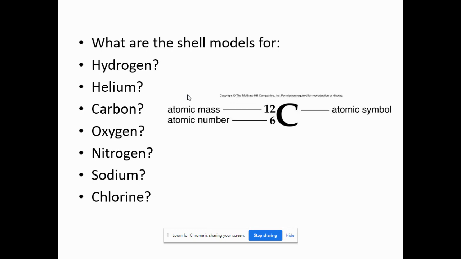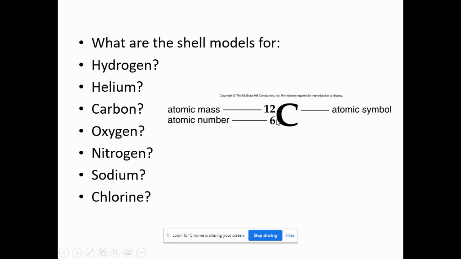Okay, because for these things that right now they're not carrying a particular charge, that means the number of electrons and the number of protons have to equal one another. Okay, so for example, here you have carbon 12, okay, has an atomic number of 6.